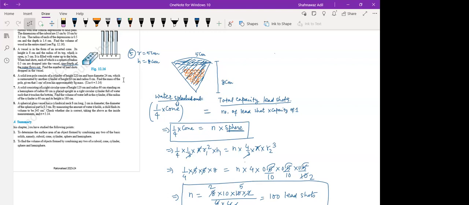But in that question, nothing was canceling out. That was the main problem. Oh, so you said this was 2 by 3 of the cone, right? Yes, sir. And then they wanted us to find the number of lead shots, and the radius of the lead shots was different, so this was different, these were different. Yeah, that can happen.